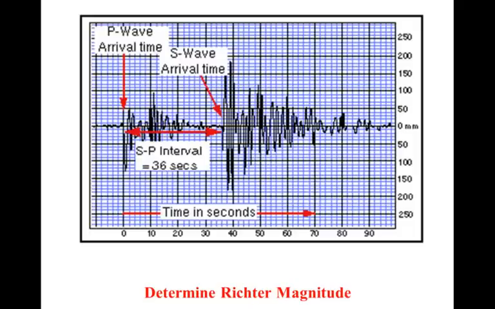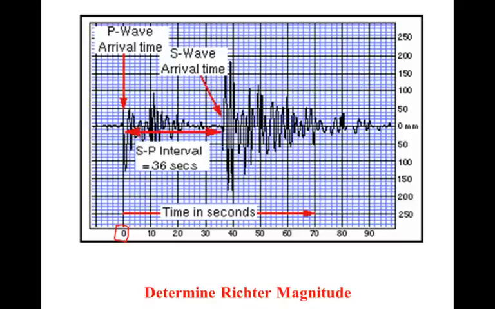So here's the sample seismograph that you have in the first page of your lab packet. Here we see, on each of the seismographs you're working with, the time that P waves first start being recorded is set to time 0, which is of course sometime after the earthquake, depending on how long it took P waves to reach the station. It's a function of how far that station is from the epicenter.